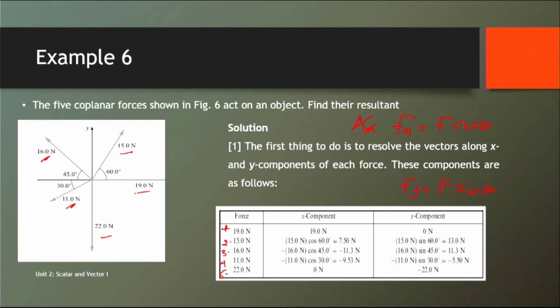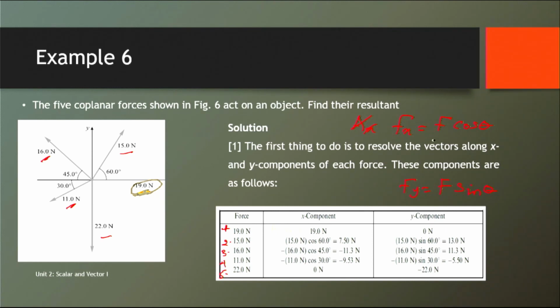Our initial force 19 makes an angle 0 to the x-axis. So if the angle is 0, what will be my force? We know that cos 0 is 1. So this becomes F, which is our force, 19, times cos of the angle, which is 0.